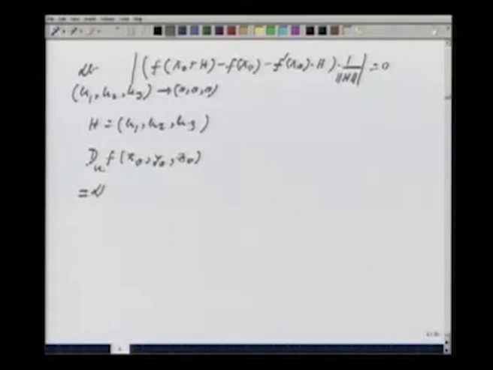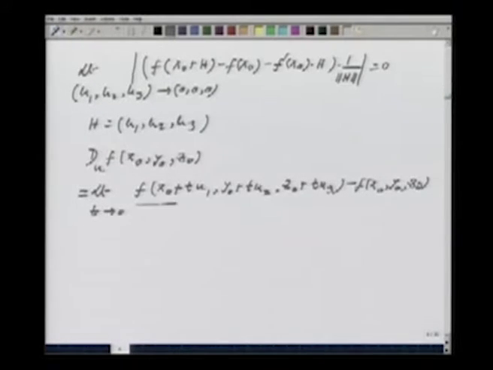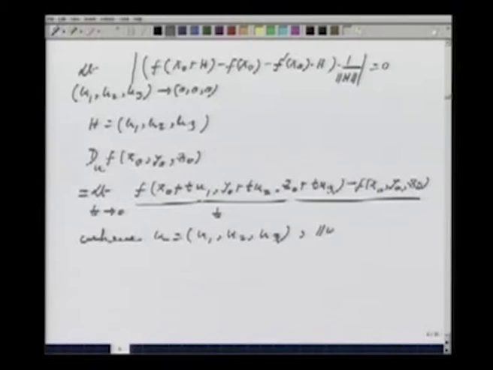This is the limit as t goes to 0 of f of x naught plus t u1, y naught plus t u2, z naught plus t u3, minus f of x naught, y naught, z naught, whole divided by t, where u is the vector u1, u2, u3 with norm 1. Okay. So everything is analogous here.